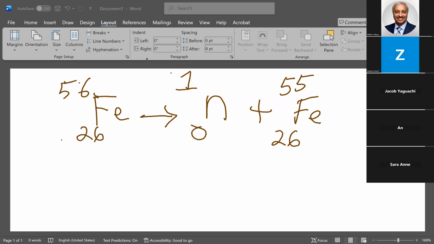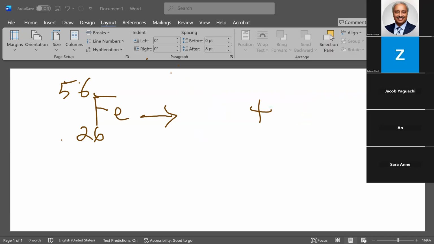Now let's assume that iron is giving off alpha radiation. You tell me what will happen if iron gives off alpha radiation. Alpha radiation is a helium nucleus with atomic mass 4 and atomic number 2.